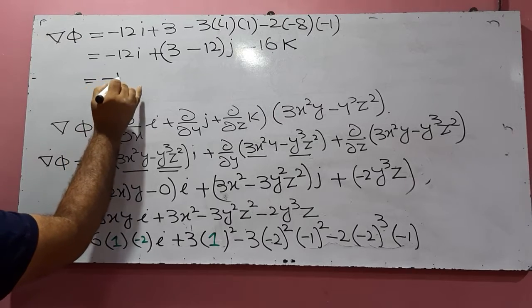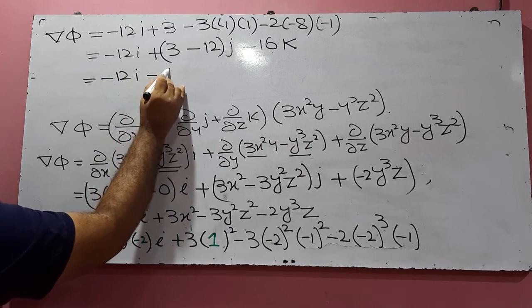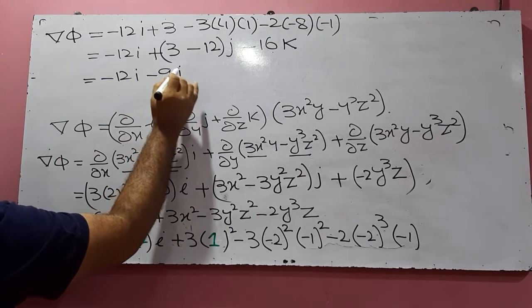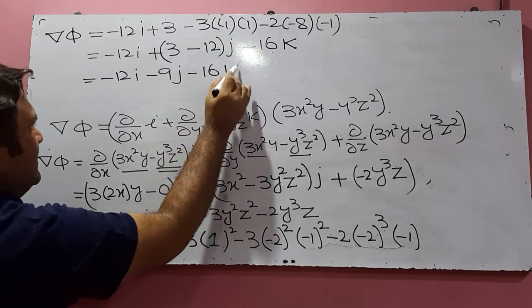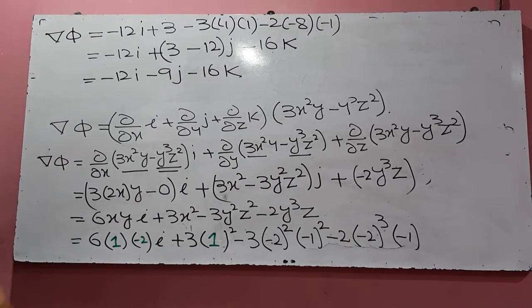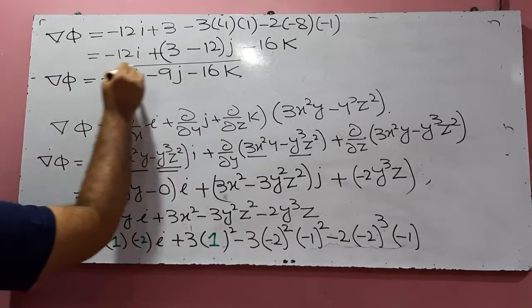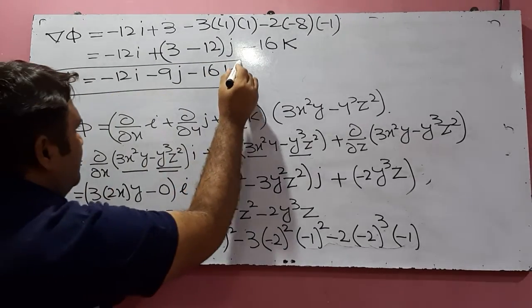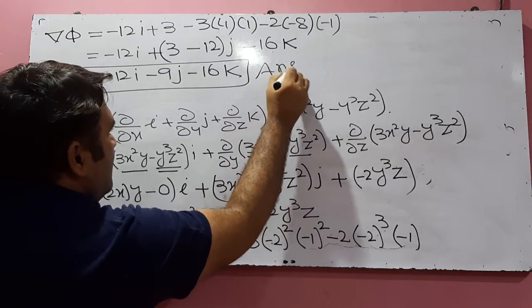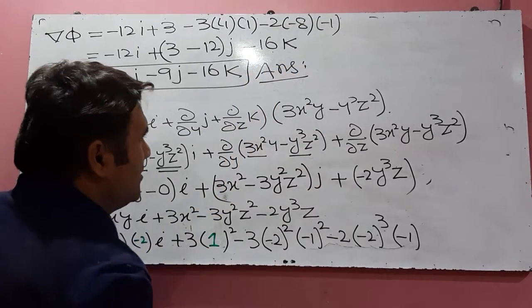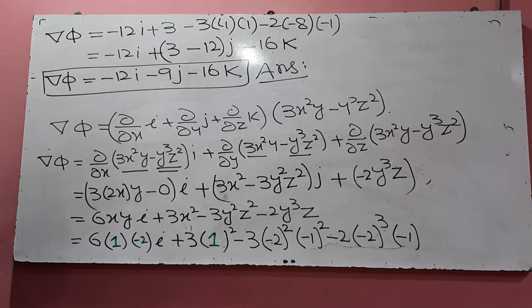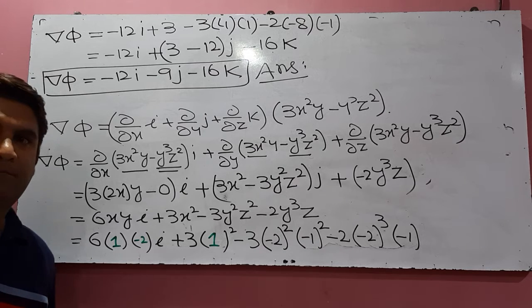So minus 12i minus 9j and minus 6k, 16k, this is the answer of numerical number 1. Hope you understand the numerical regarding gradient.